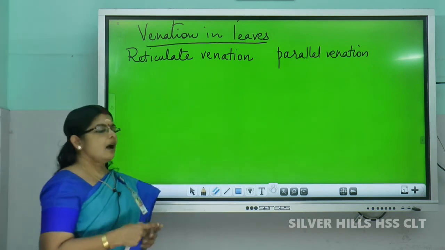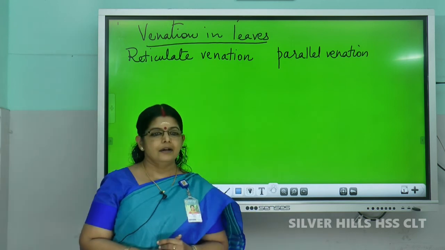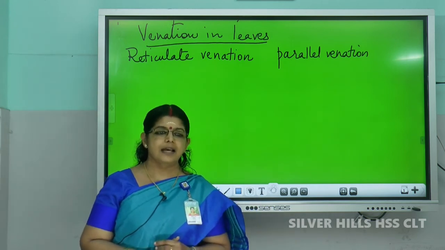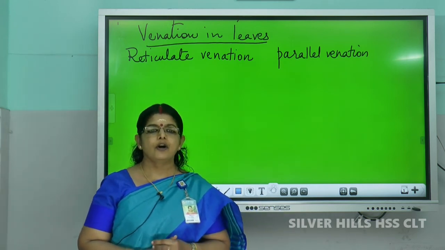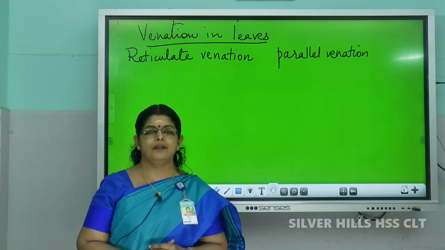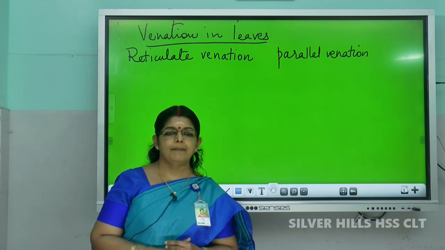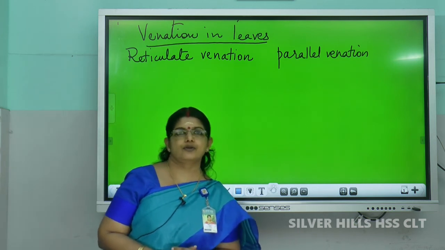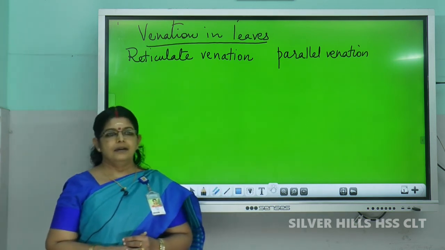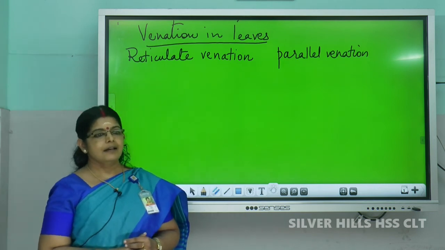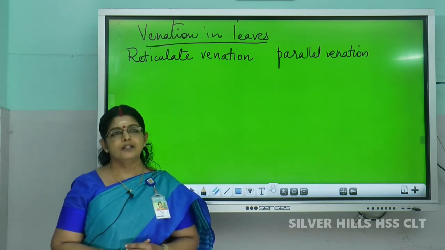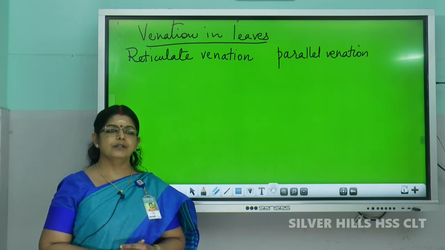Next we can check how can we understand the roots of plants, whether it is taproot or fibrous root, without plucking the whole plant from the soil. How can we understand whether the plant is having taproot or fibrous root? Okay, we can understand by a simple method, that is by checking the leaves.